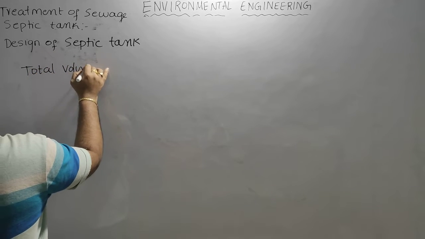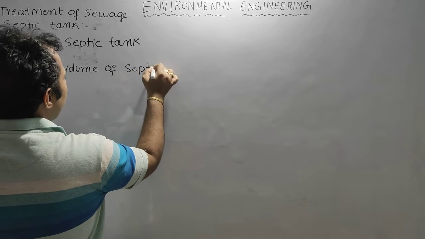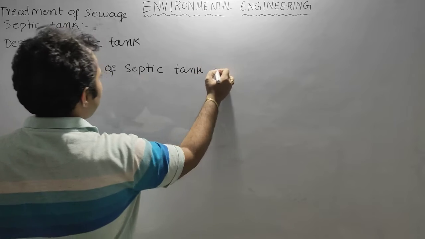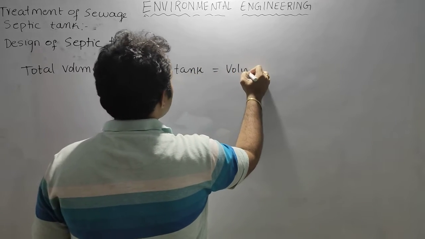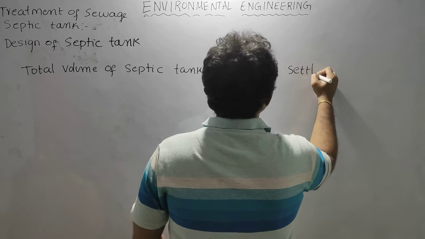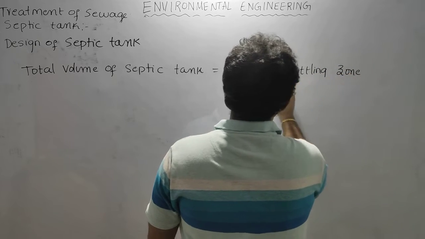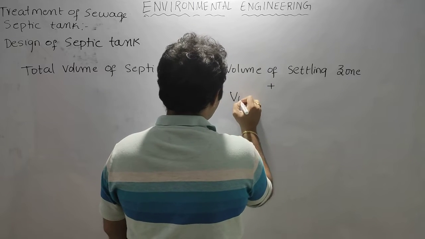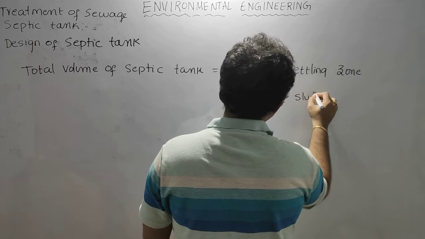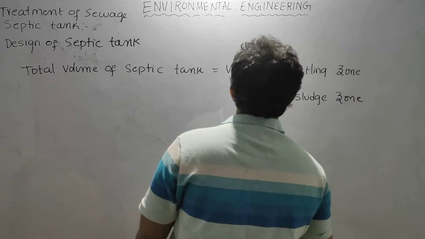Let us write this also. Total volume of septic tank is equal to volume of settling zone plus volume of sludge zone.